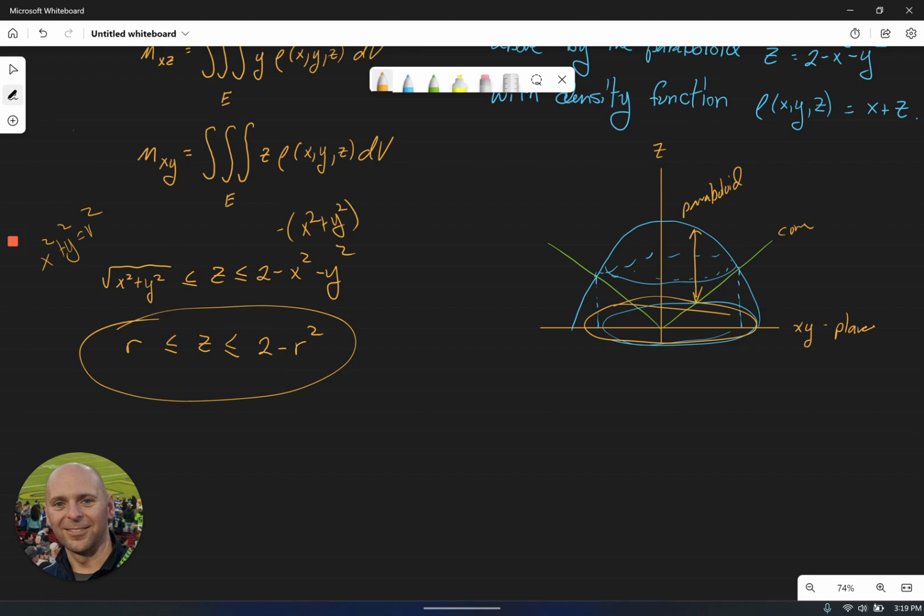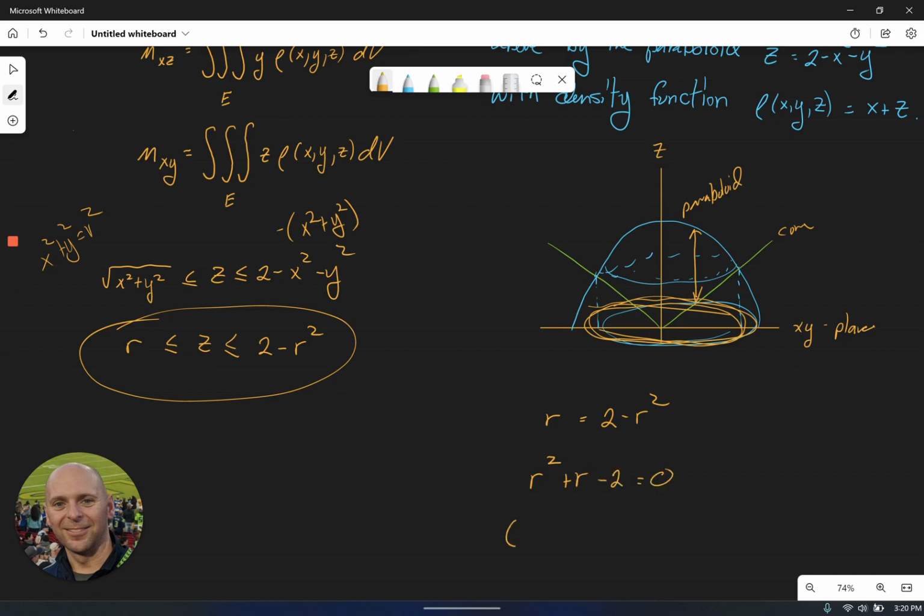Now we need the bounds for r and theta. Again, that's going to come from this circle of intersection between the cone and the paraboloid. So let's go after those. We'll need to set the two equations equal to each other in cylindrical form. That says that r is equal to 2 minus r squared, or r squared plus r minus 2 equals 0.